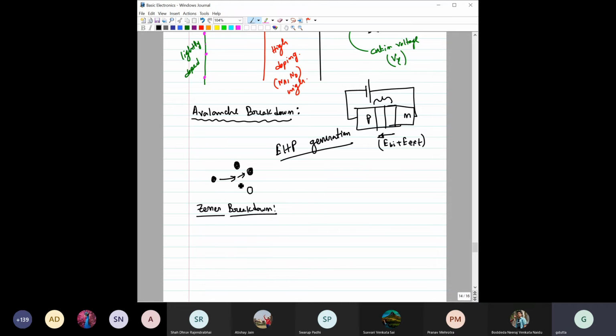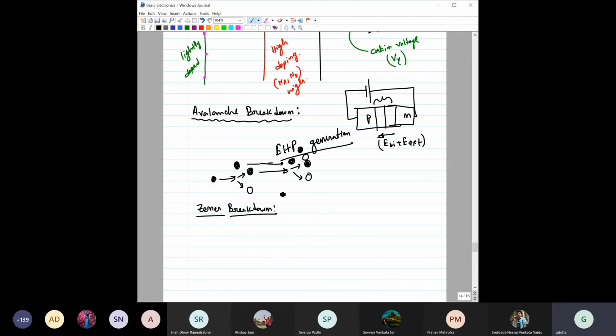So it generates two in stage 2. Now this electron, due to this electric field, will again generate one electron and one hole, and maybe this electron is again able to generate one electron and one hole, and this electron is still here.